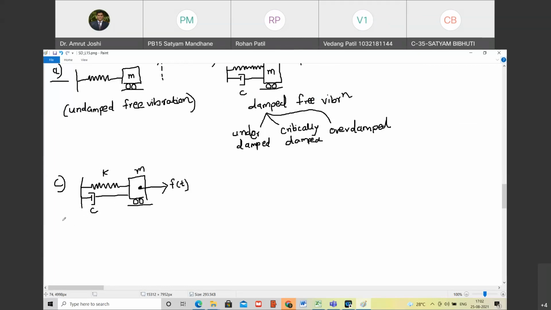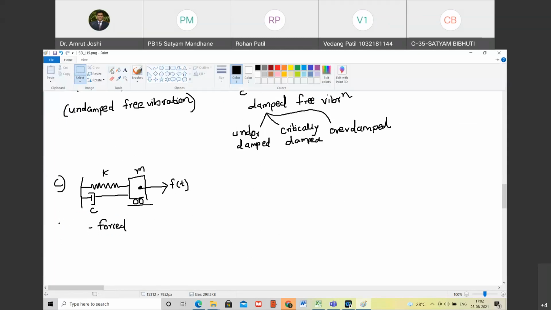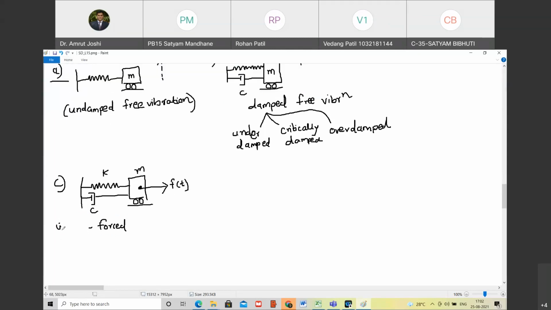So it is damped forced vibration analysis. And in this, we looked only at the underdamped system. We did not deal with forced vibration of overdamped and critically damped system. So we are only talking about underdamped forced vibration.